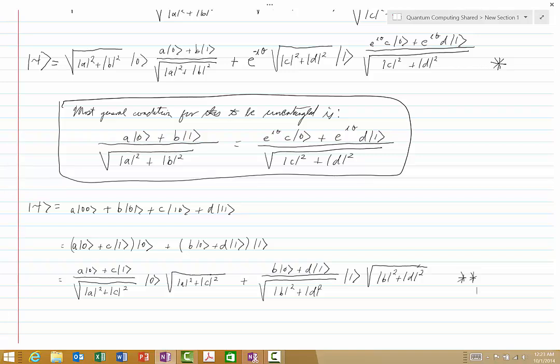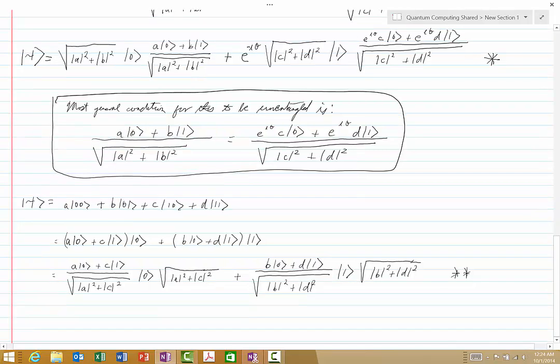Oh, and actually, let me do one more thing. I'm going to multiply this second term here to get a completely general expression, just like star above is general. We have the e to the minus I theta and e to the I theta. So I want to do the same thing here.